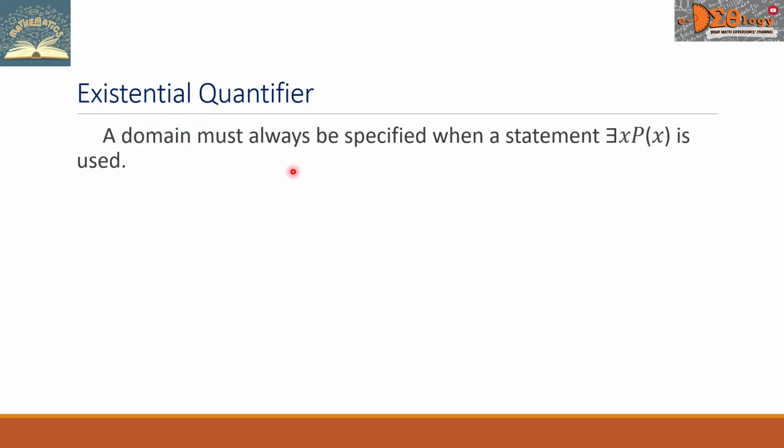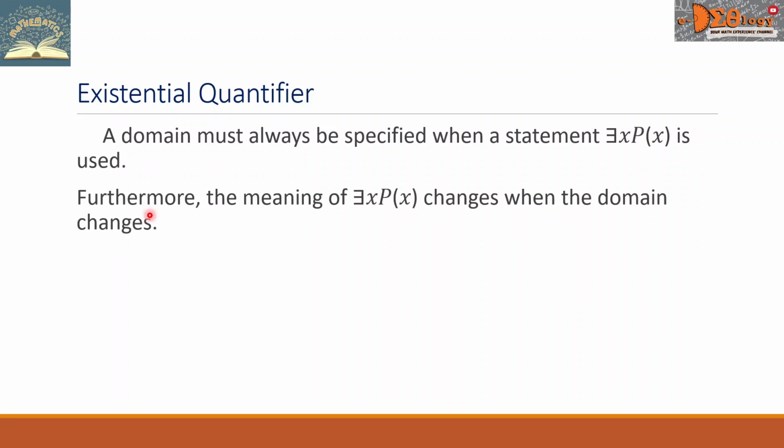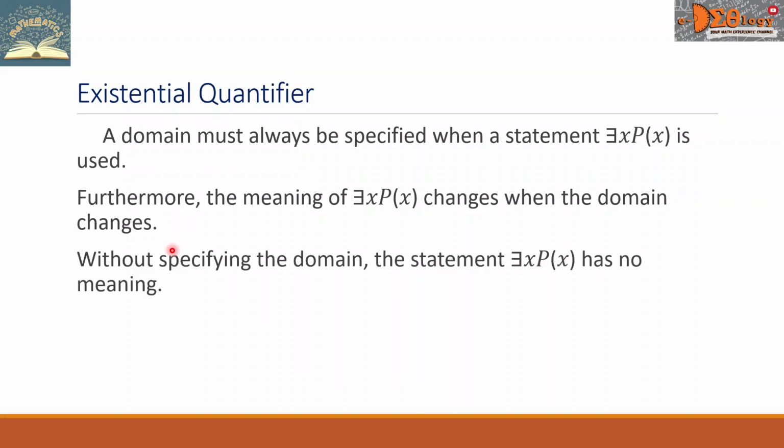A domain must always be specified when a statement for some x p of x is used. Furthermore, the meaning of for some x p of x changes when the domain changes. Without specifying the domain, the statement for some x p of x has no meaning.